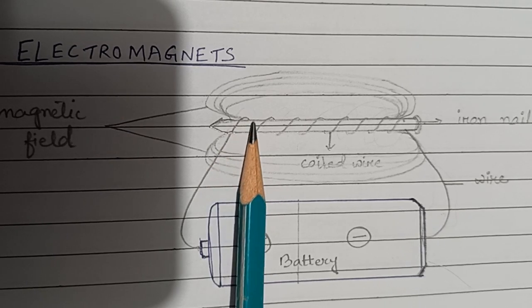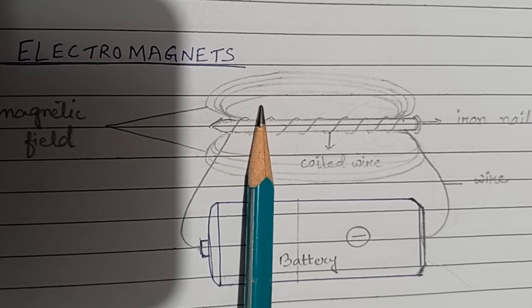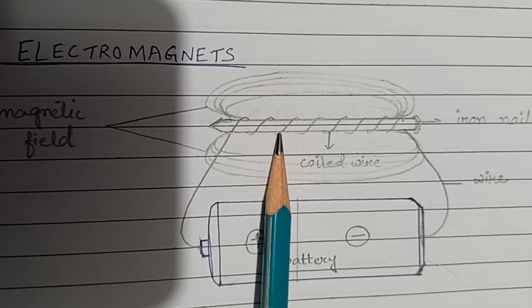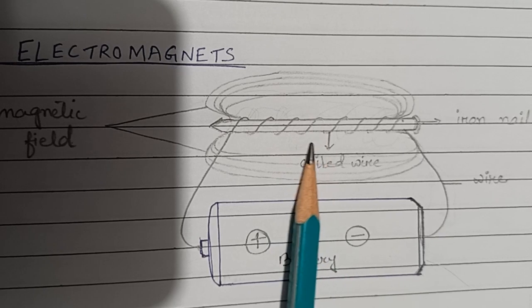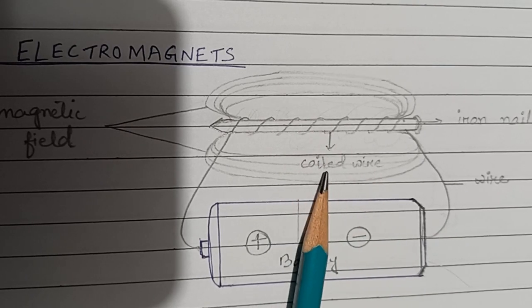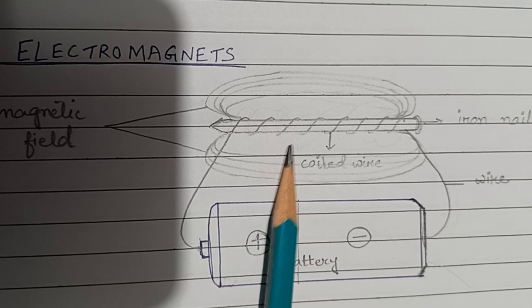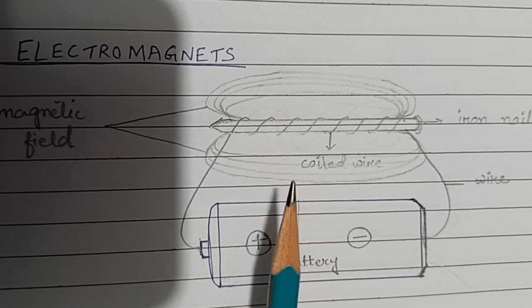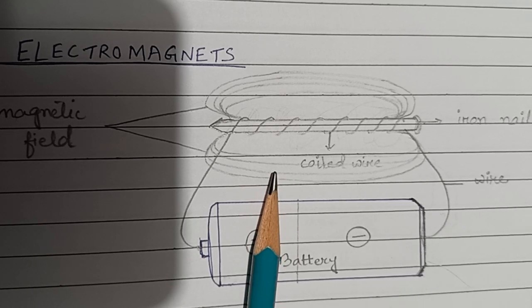So if you increase the number of turns in the coil, that means you are increasing the strength of the electromagnet. And if you decrease the number of turns, that means you are decreasing the strength of an electromagnet.